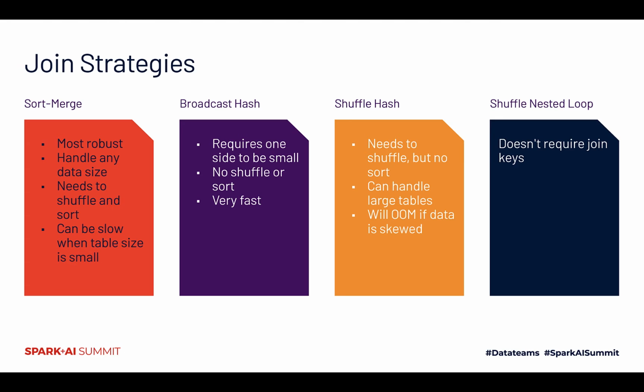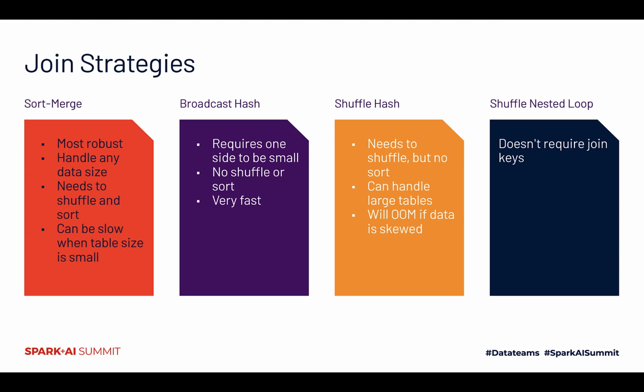The second join type that's available in Spark, but in Spark 2.0 had fallen out of favor due to concerns about scalability and memory pressure, was the shuffle hash join. This one was very similar to a sort merge join in the sense that it did a shuffle, but it didn't bother actually sorting the data during the shuffle. Instead, it would read the data into a hash table.